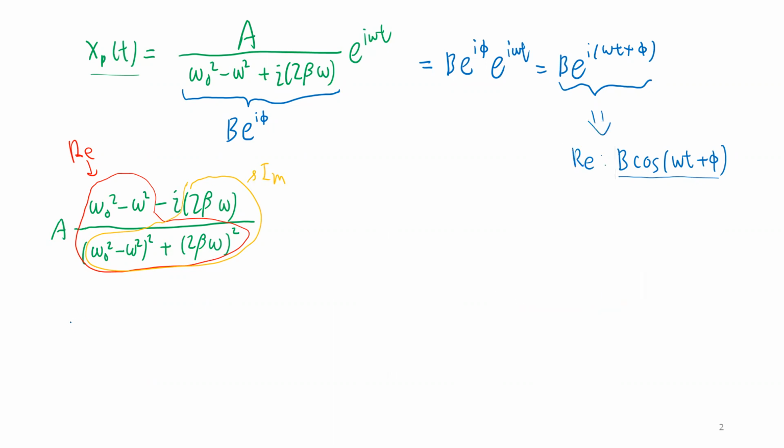This b would be equal to the square root of the real part squared plus the imaginary part squared. And what about phi? The phi is actually the arctangent of the ratio between the imaginary part and the real part.